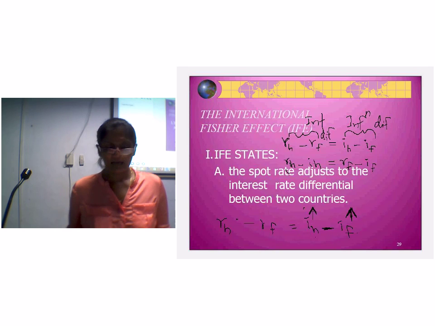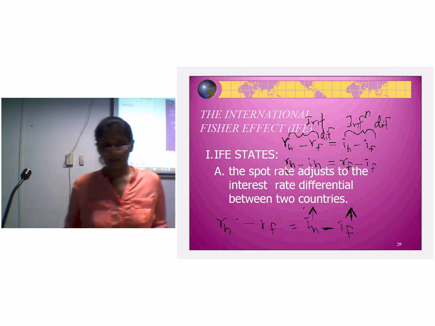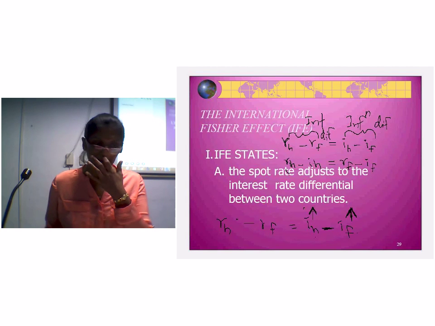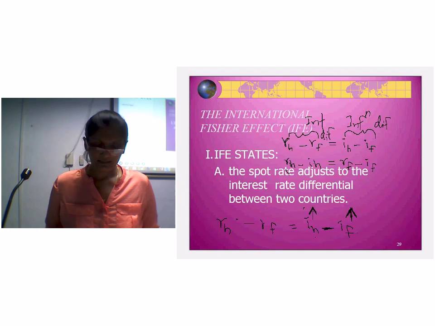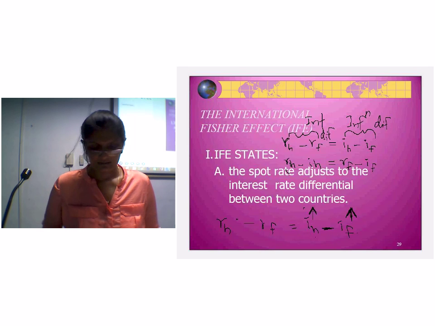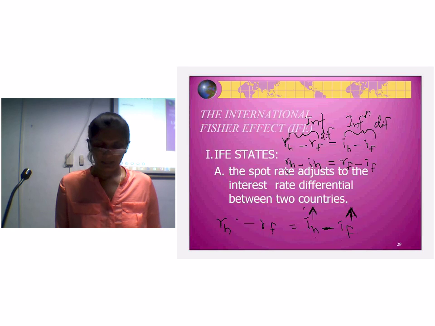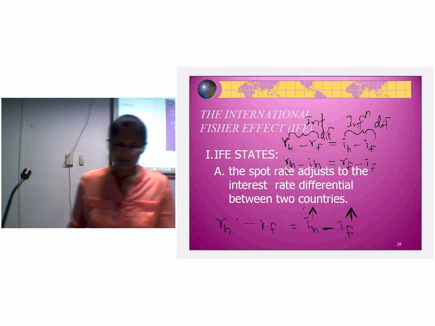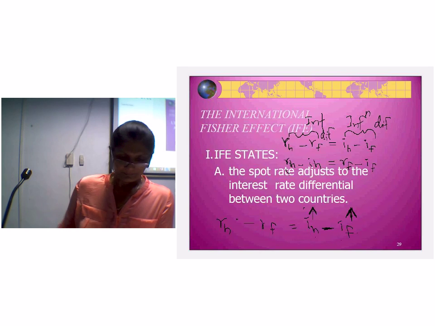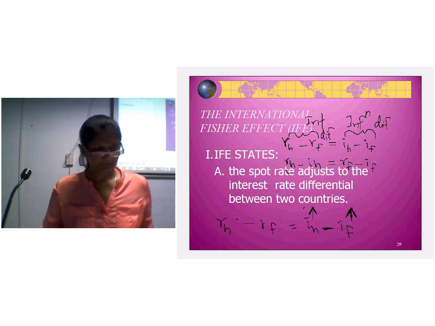It actually happens: if in a country the inflation rate is high, obviously that country's interest rate is also high. So in order to maintain stability in the economic system and exchange rate stability, this should happen. This is explained in the international Fisher effect. Any questions?